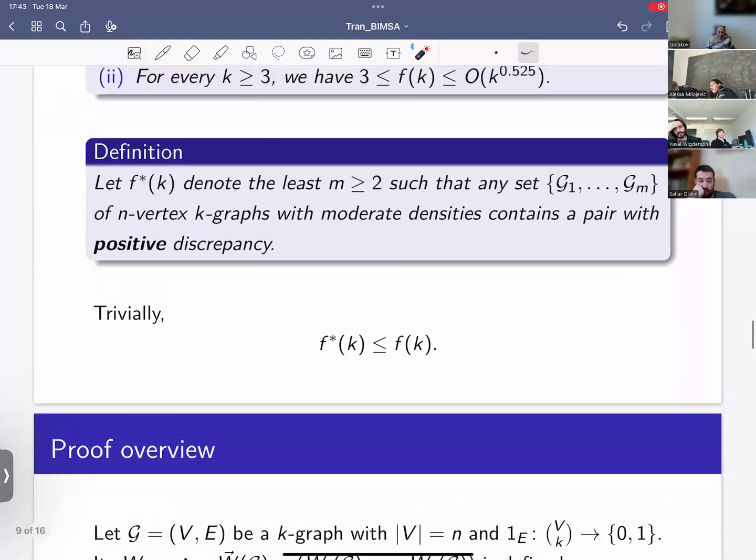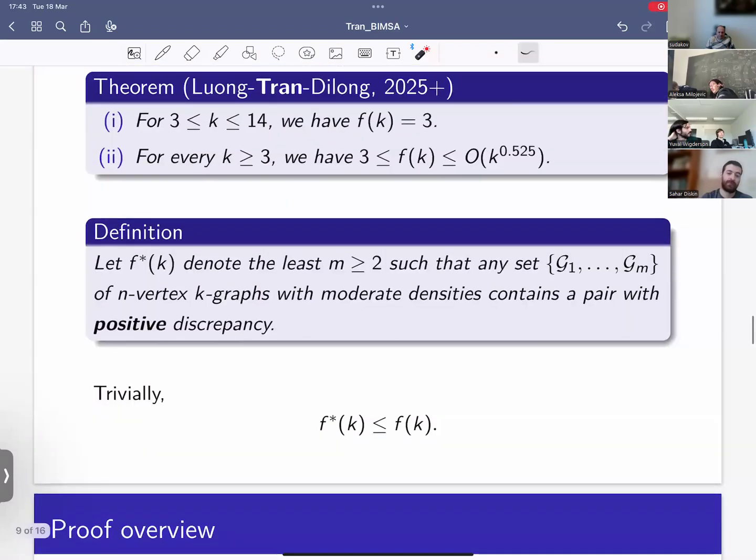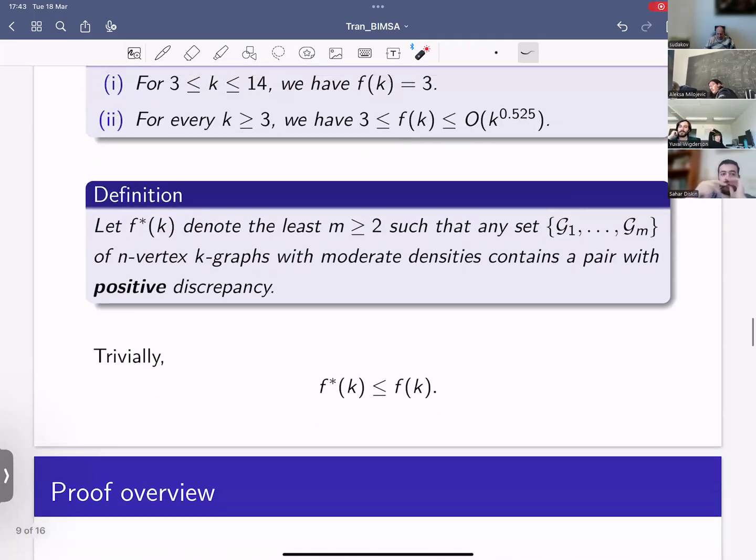To illustrate the proof, I will consider a weaker version. We consider f star of k, where instead of guaranteeing a pair with large discrepancy, I only require that the pair have positive, non-zero discrepancy. In the definition of f_k, we require that the pair has large discrepancy.